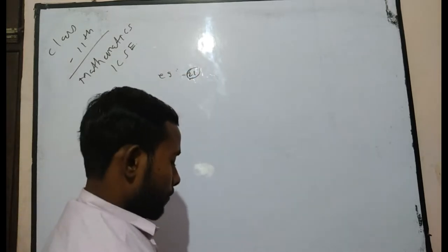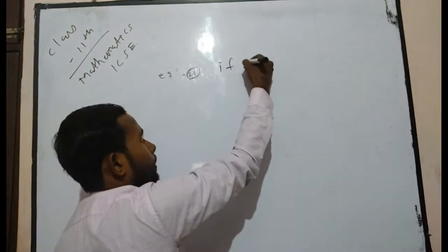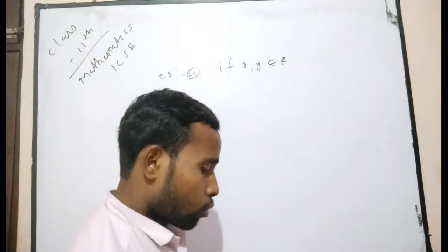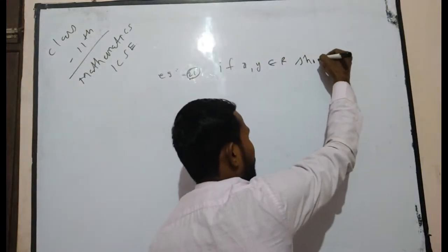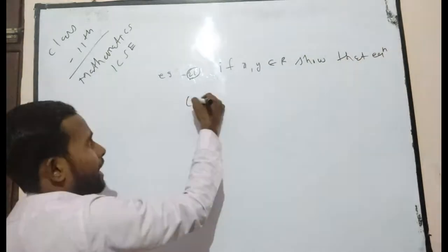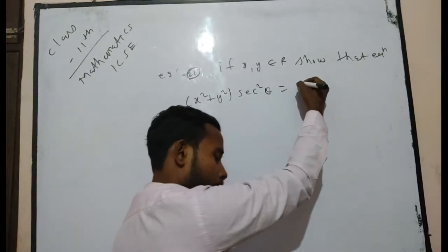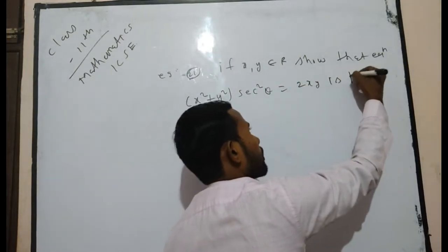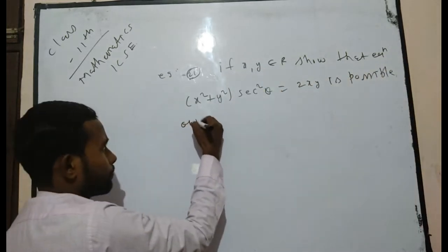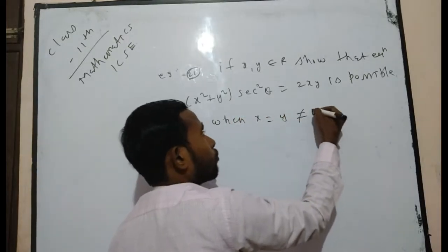Example 21. It is given that if x, y belong to R, that means x and y are real numbers, then the equation x square plus y square times sec square theta is equal to 2xy is possible only when x is equal to y but not equal to 0.